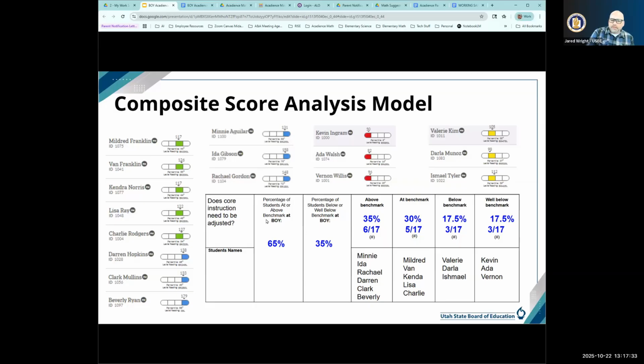So one of the big questions that I want to ask myself is, does my core instruction need to be adjusted? Do I need to switch something, so that as I'm teaching my whole class, more of those students are learning the skills that they need?